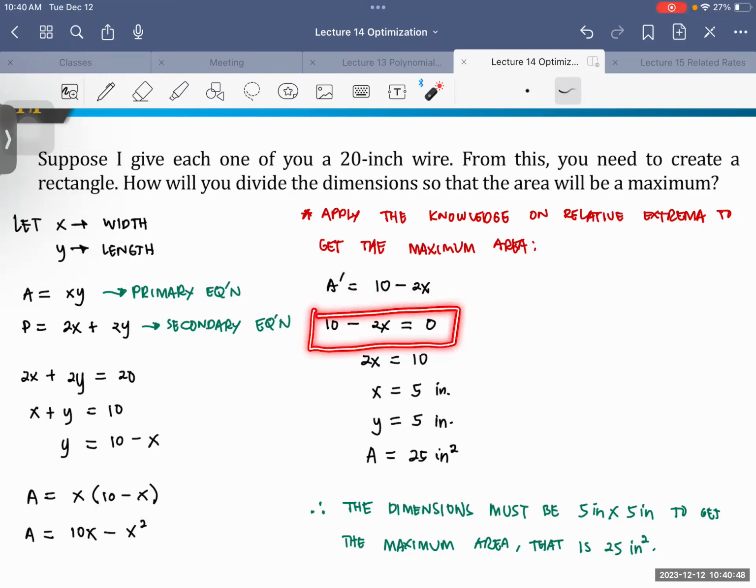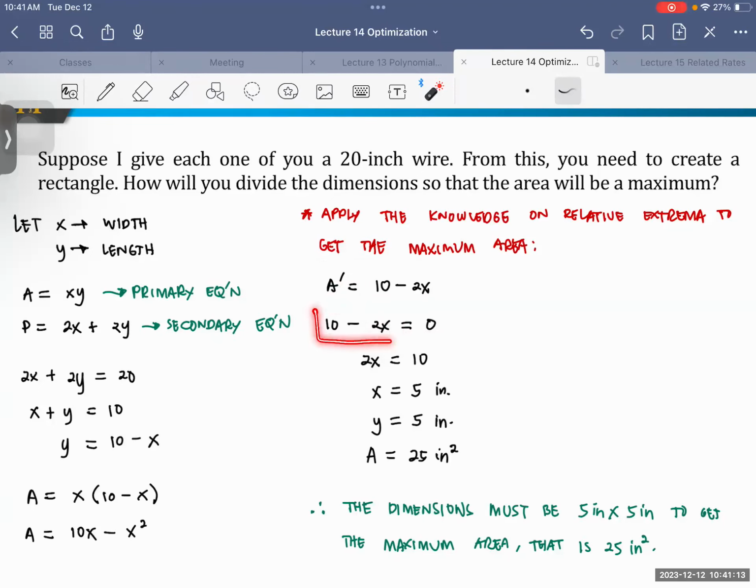And then we equate it to 0. That is the process, class. Getting the values of x for which your first derivative will be 0, because that is the relative extrema. So what value of x, class, makes the derivative 0? Because this value will give our maximum value of the area.